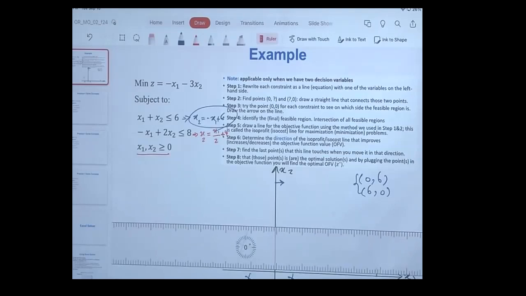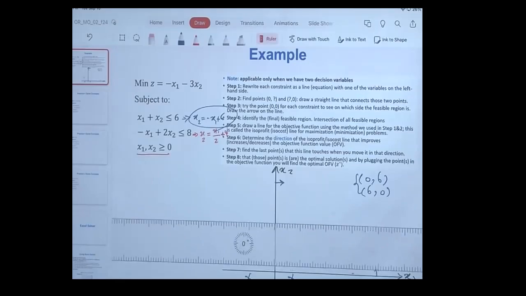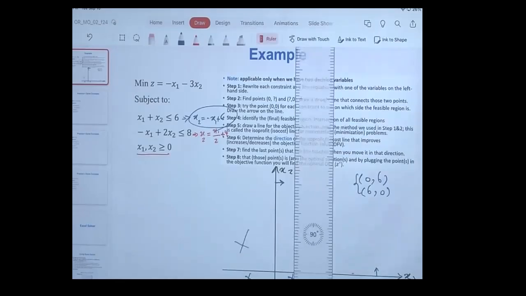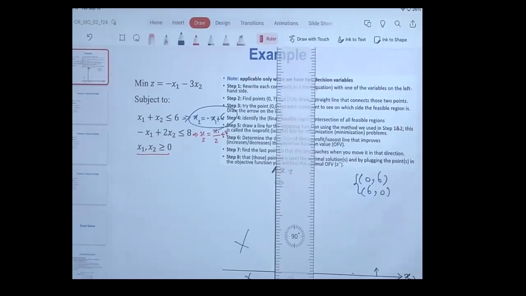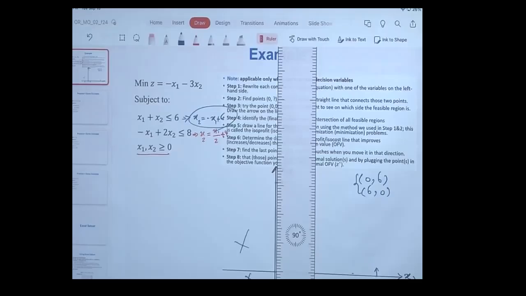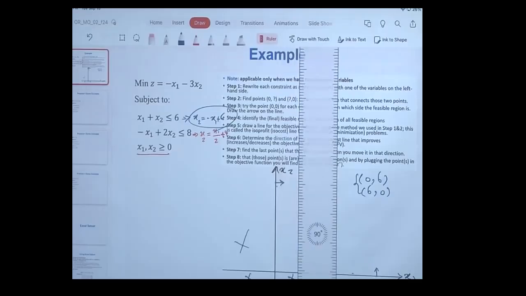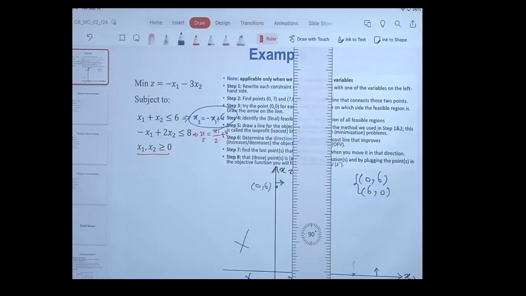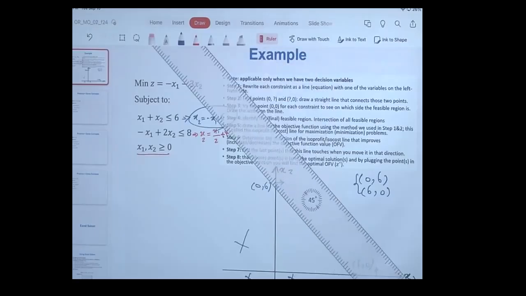That's 1, 2, 3, 4, 5, 6 here and 1, 2, 3, 4, 5, 6 there. And if you connect those, you've got the first constraint.